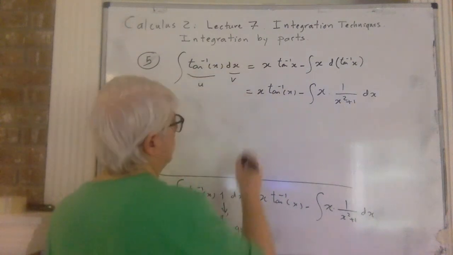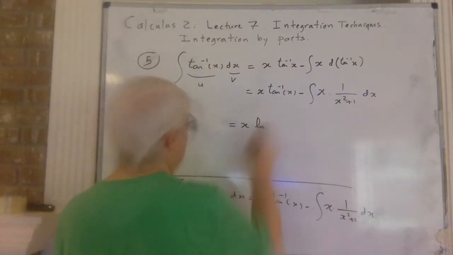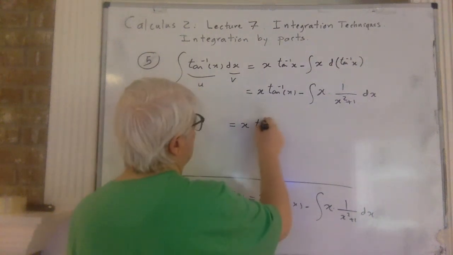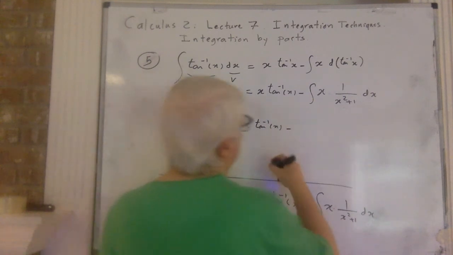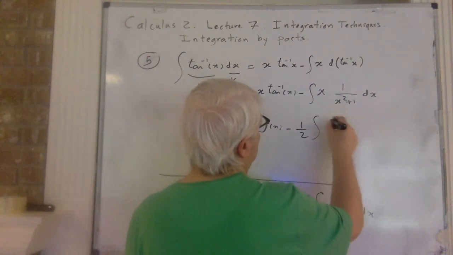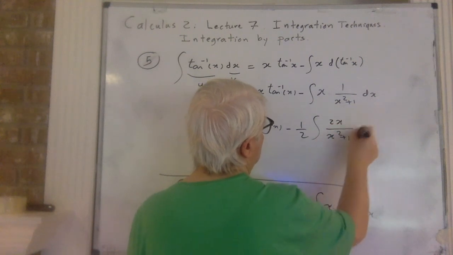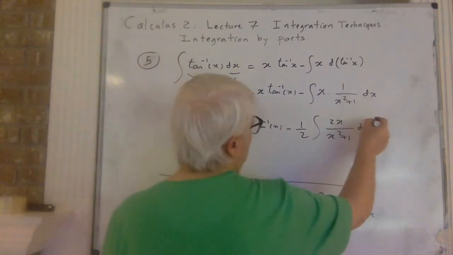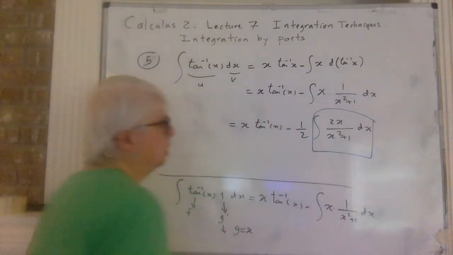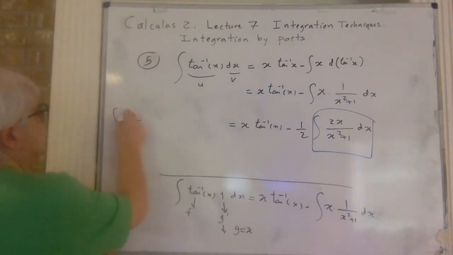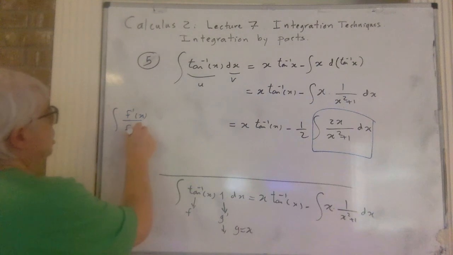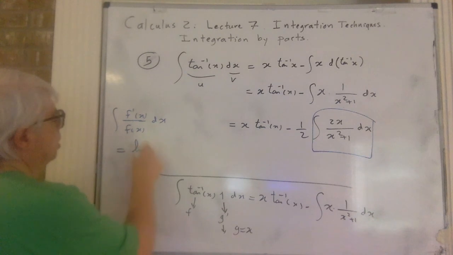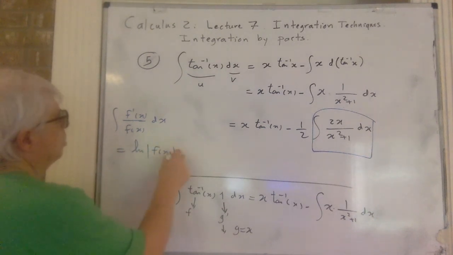Okay. So x tan inverse of x minus, well, let me just write 1/2 integral 2x over x squared plus 1 dx. Now recall, I think I did that in the first lecture, that if integral of f prime x over f x dx, by substitution it is ln of absolute value of f x.